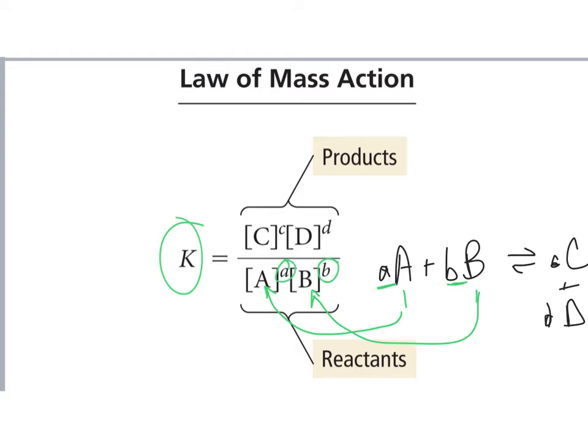Okay, so the molar relationship is really important. It becomes the exponent. And then if you look at the products, we've got C and D, right? And again, little c becomes an exponent and little d becomes an exponent. Okay? So this is what we call the equilibrium expression.